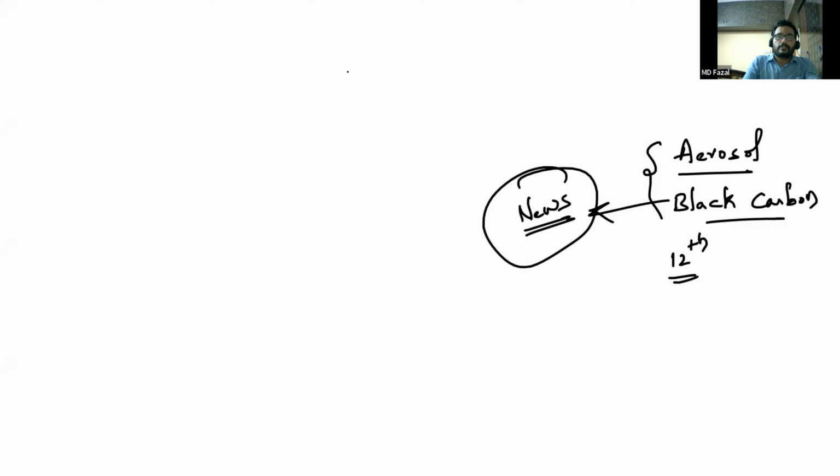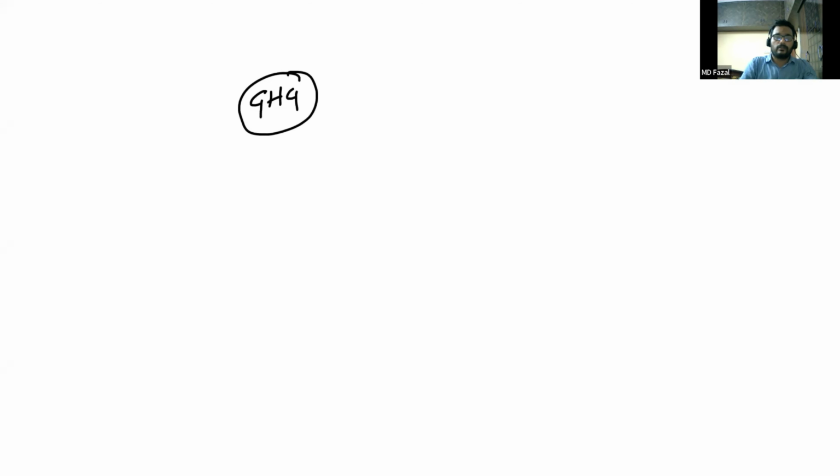All right, next, most importantly, we'll go back now to the basic contents. Can someone tell me the list of greenhouse gases present in the atmosphere? Greenhouse gases will maintain the temperature of the earth.